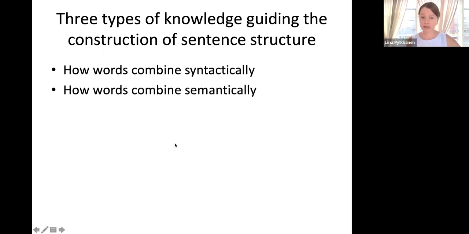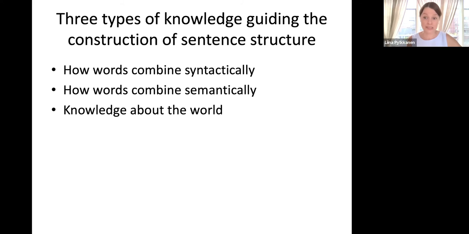We have semantic knowledge. And finally, we have our world knowledge, so our knowledge about the world. So we're very unlikely to produce sentences that are completely implausible given our world knowledge. But crucially, you can't really evaluate the fit of the meaning with your world knowledge unless you've actually composed the meaning.